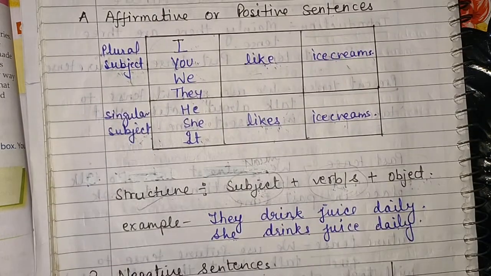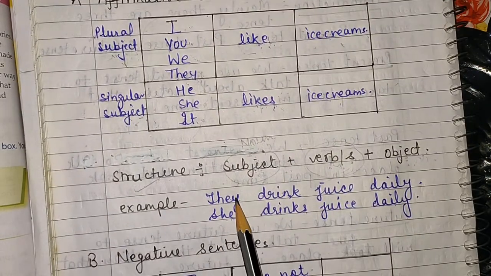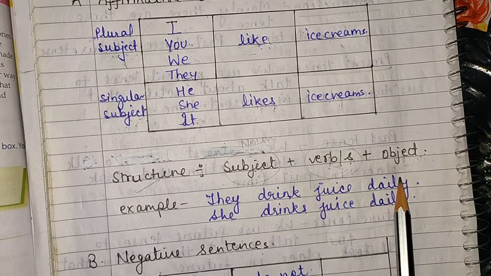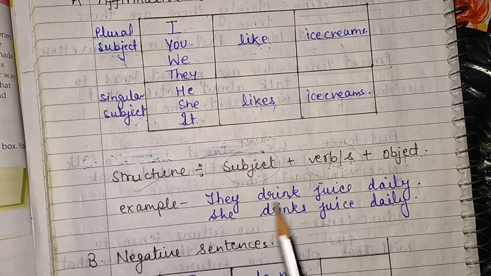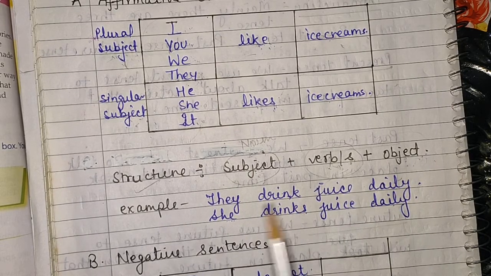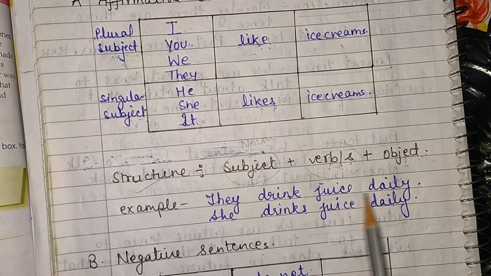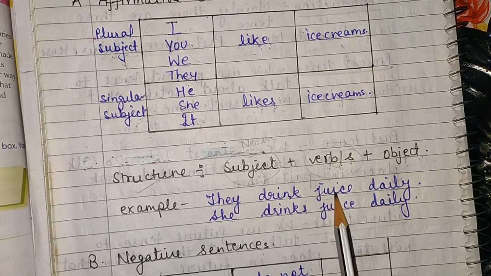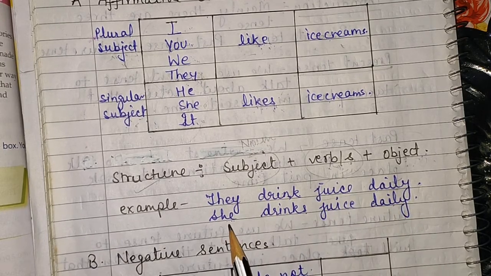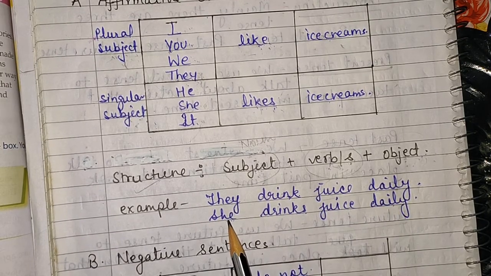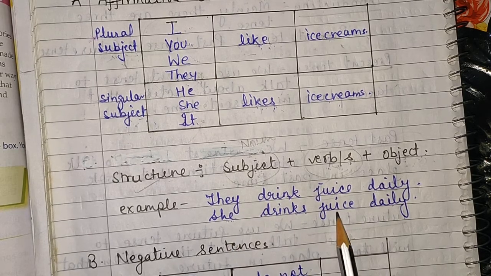Okay, for example, I can give you more examples. They drink juice daily. They is a plural subject, so we haven't added s to this verb. They is the subject, plus the verb, and juice daily is your object. They drink juice daily. The next example is for a singular subject. She drinks juice daily.